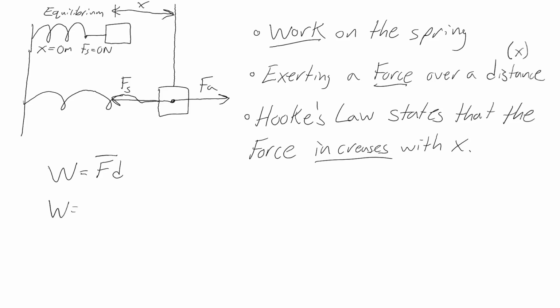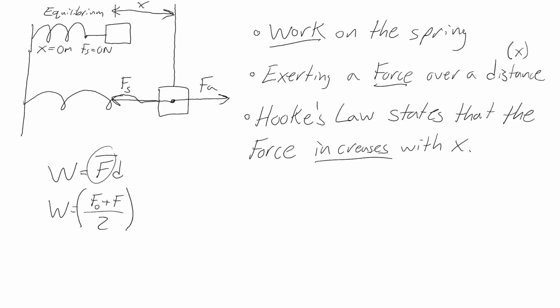So the work is equal to the average force, which we could say is the initial force, F sub 0, F sub naught, they say, plus F, the final force that you use, divided by 2. That'll give you your average. So you have two numbers, and you're finding the average of these two numbers.